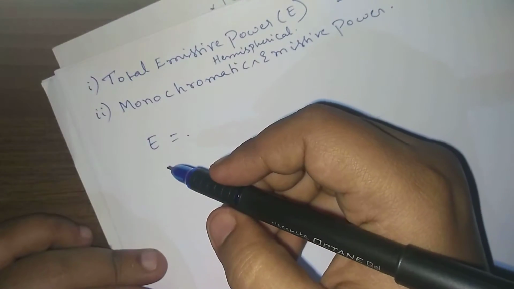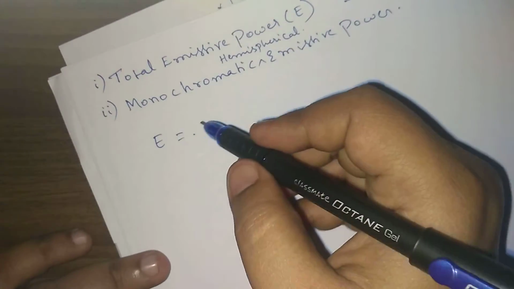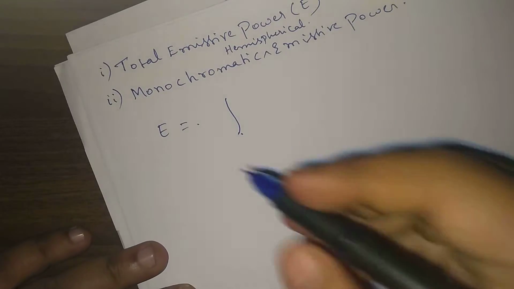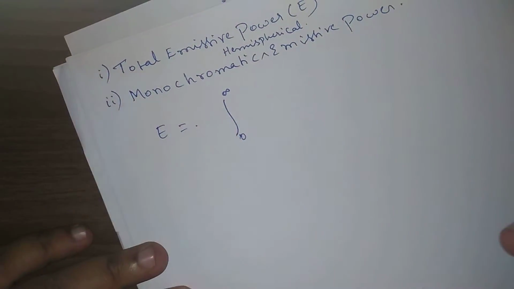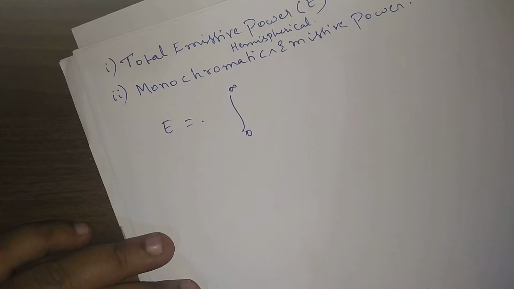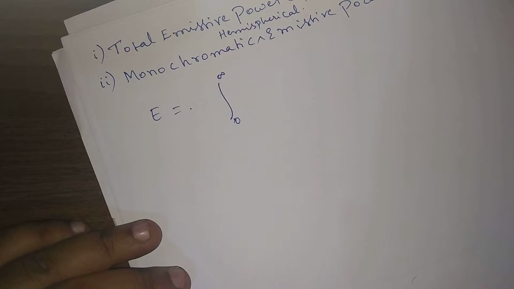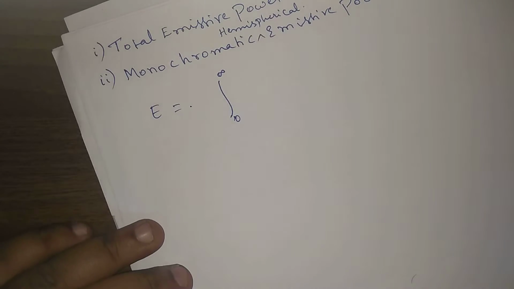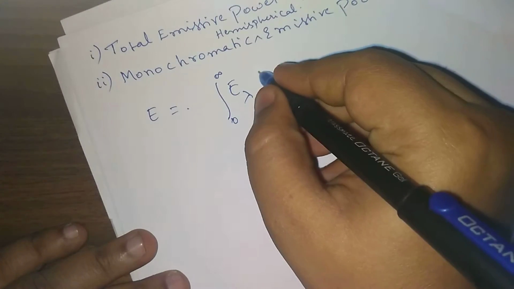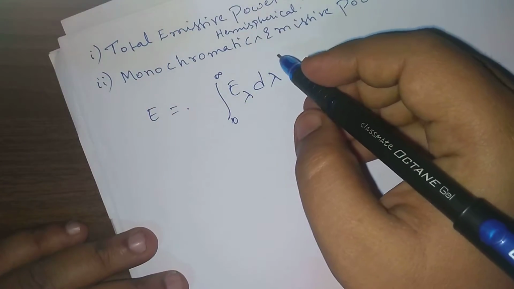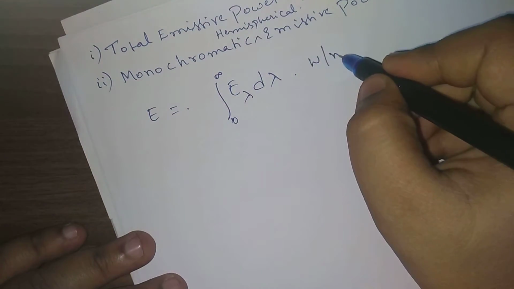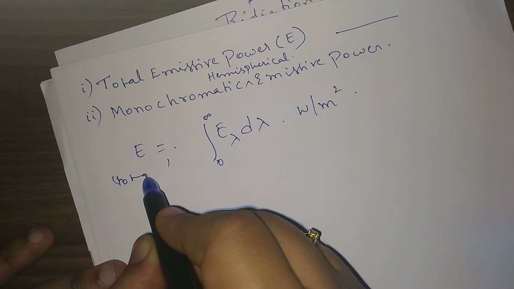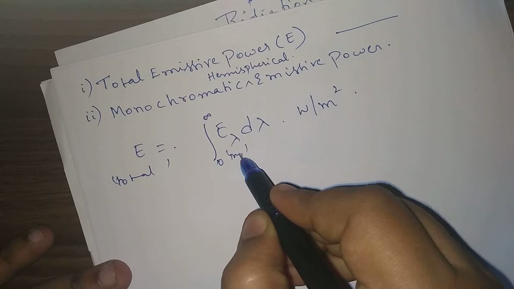So your total emissive power is denoted as E is equal to the integral from 0 to infinity, over all the different wavelengths you have, of E lambda d lambda, in watt per meter square. Are you able to understand? So this is total, and this is monochromatic.